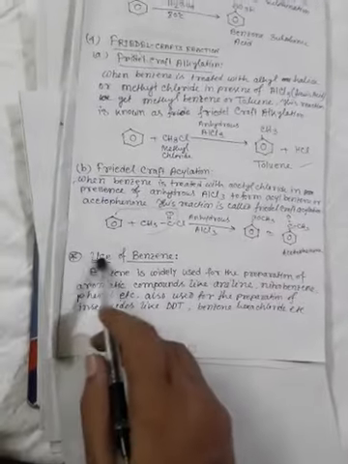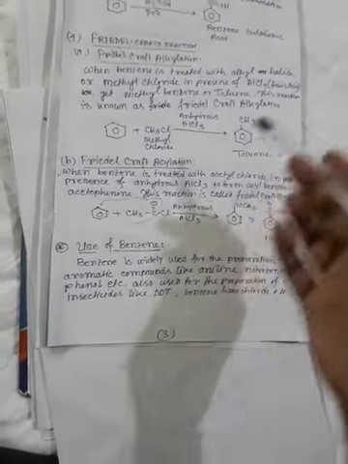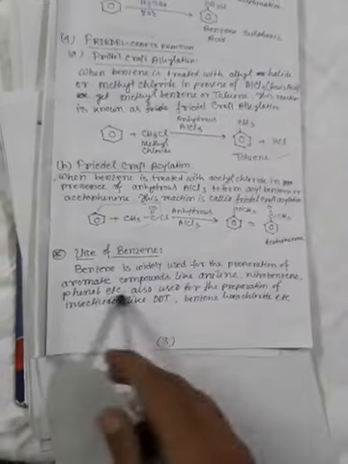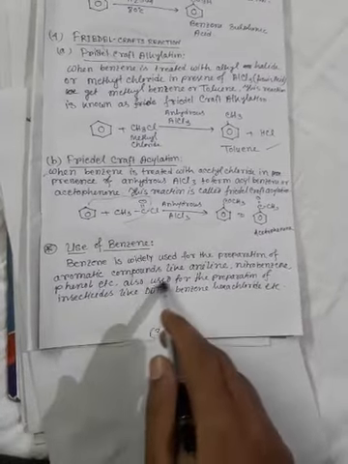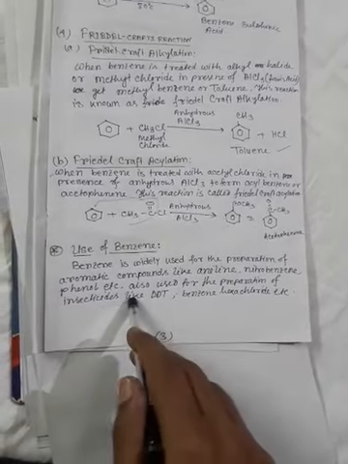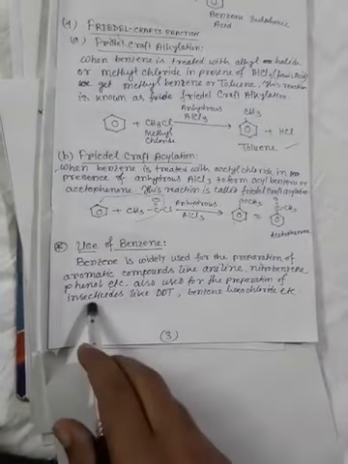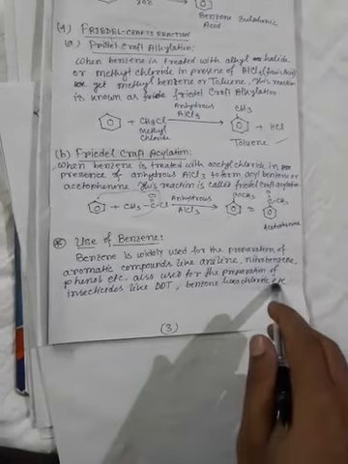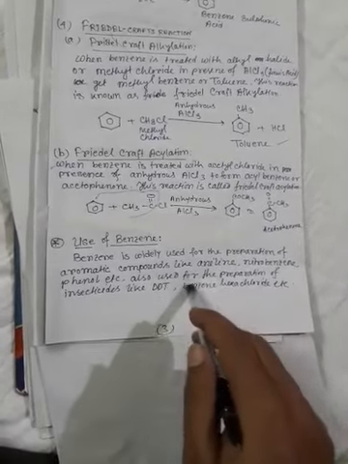Now uses of benzene. Benzene is widely used for the preparation of toluene, benzene sulfonic acid, nitrobenzene, chlorobenzene, aniline, phenol, etc. It is also used for the preparation of insecticides, which are used against insects, like DDT, dichlorodiphenyl trichloroethane, and benzene hexachloride, which is known as BHC, also known as gammexane.